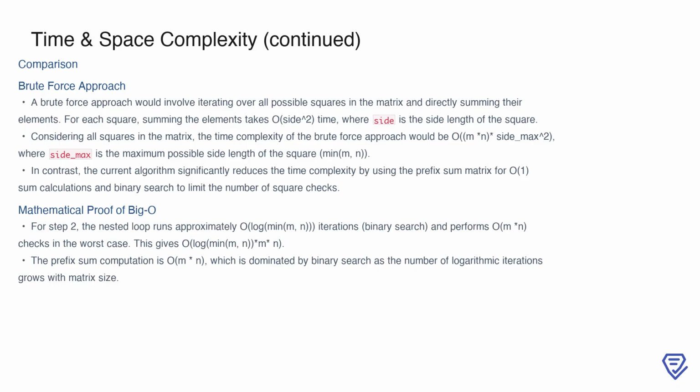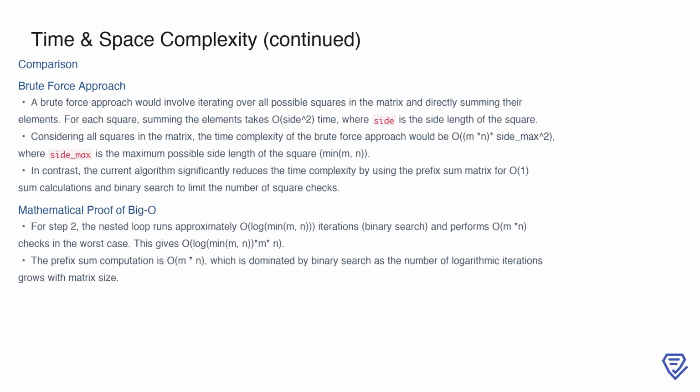In contrast, the current algorithm avoids this inefficiency by leveraging the prefix sum matrix for constant time sum calculations and binary search to narrow down the number of squares we need to check. This optimization reduces the time complexity to O(log(min(m, n)) * m * n). Mathematically, the binary search drives this efficiency by limiting the iterations to O(log(min(m, n))) while still ensuring accurate results.